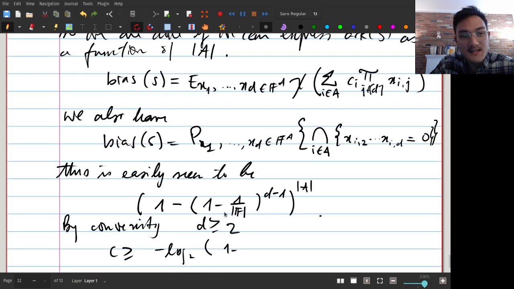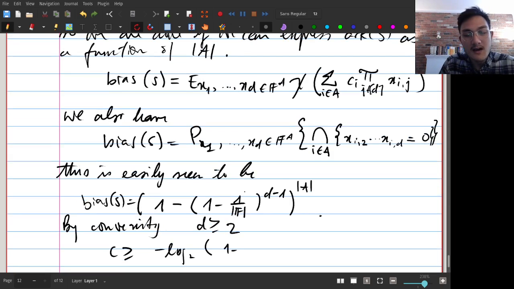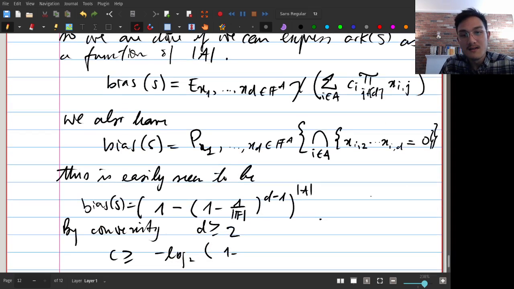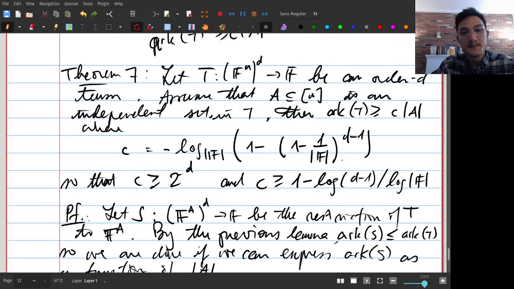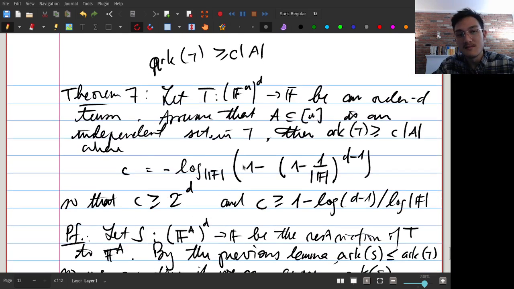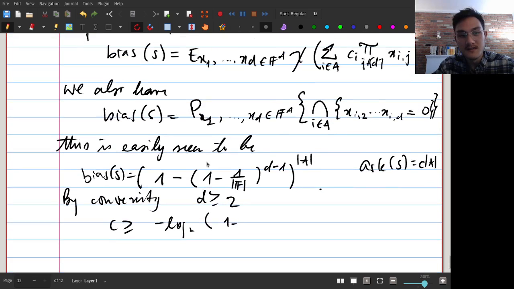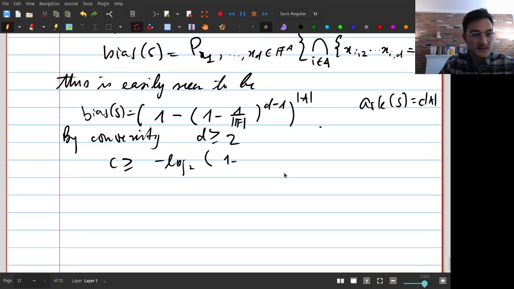The bias of s is equal to that. So you take the negative log of this, and you get that the rank of s is equal to c times the size of a. Because you take the negative log of this, a drops down, and c is just the negative log of this inside here. Okay, sorry for not saying that.